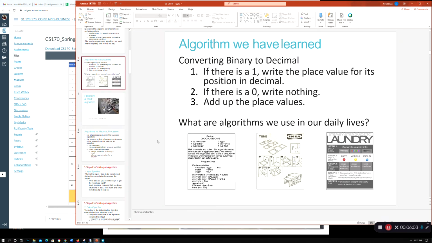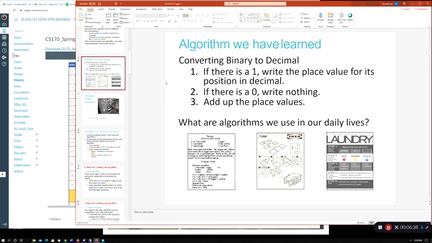So this is an example. We talked about how we converted binary to decimal or vice versa, right? So it talks about the steps for doing that. You've already followed this. In fact, this is part of what you're going to be doing in the exam. So you just think to yourself, what are the steps that you follow to convert binary to decimal? And that's also why I did the Excel spreadsheet in my demo.